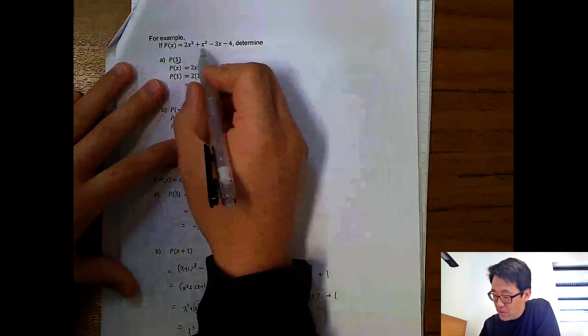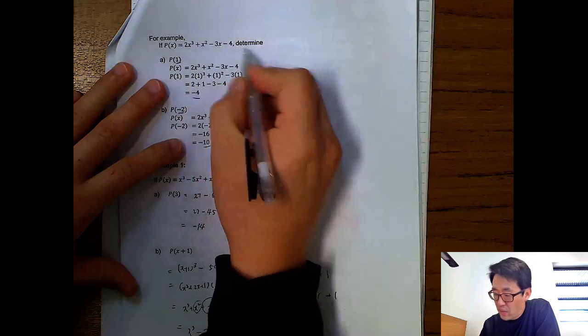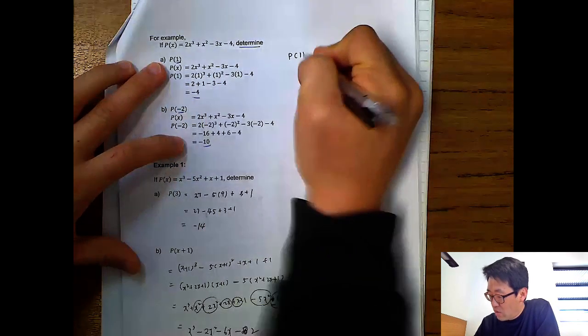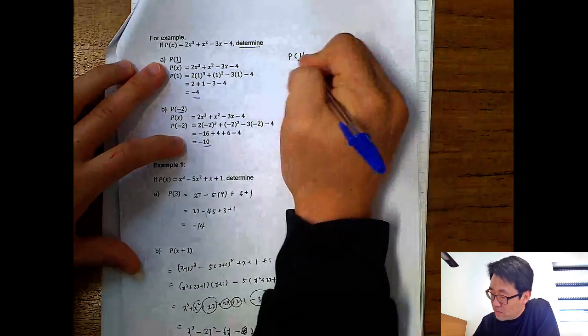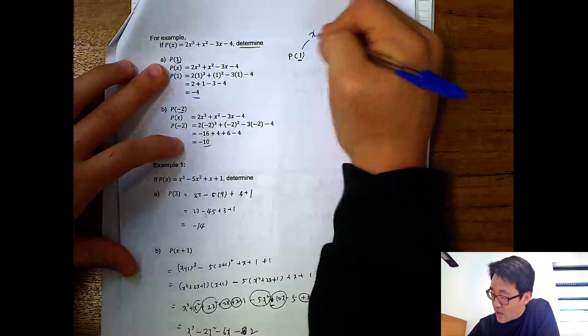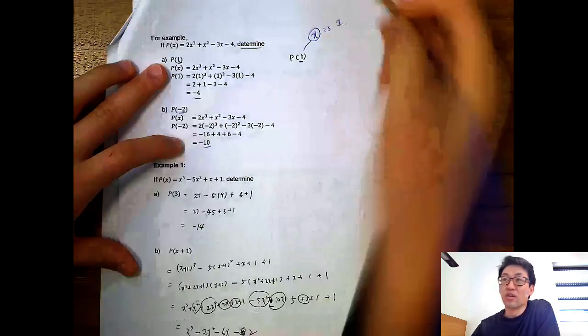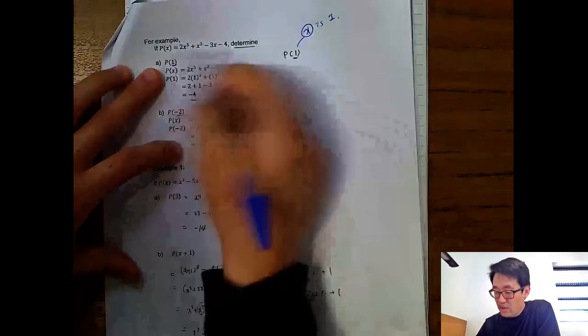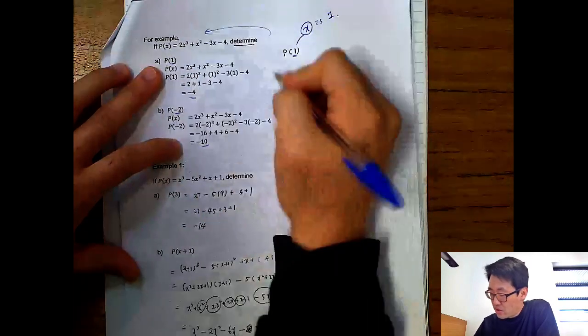If f(x) equals 2x cubed plus x squared minus 3x minus 4, determine P(1). P(1) means when x is 1, isn't it? All I need to do is plug 1 into the equation.